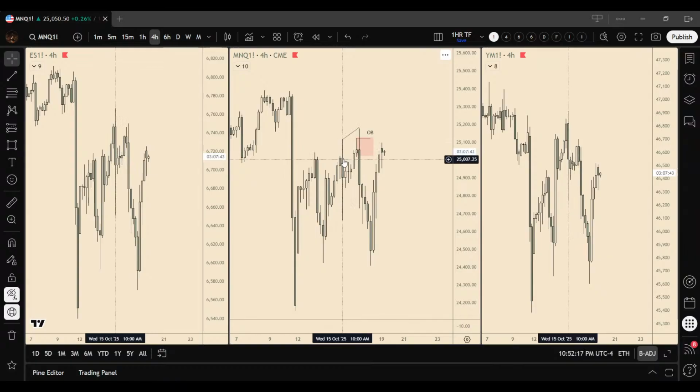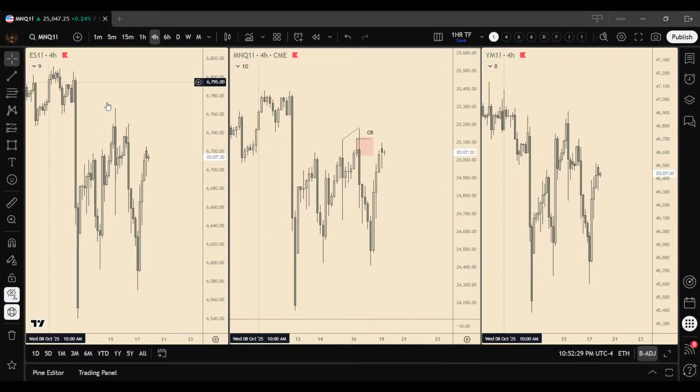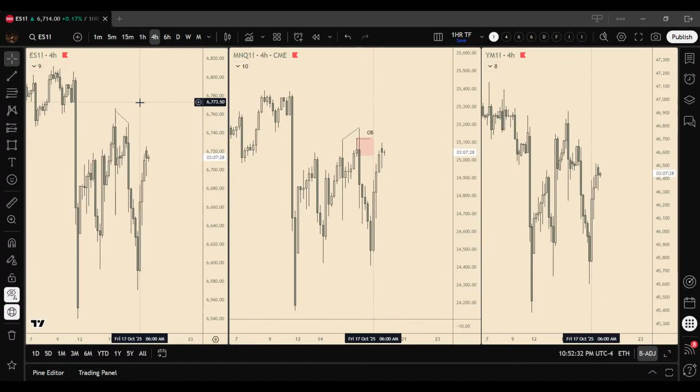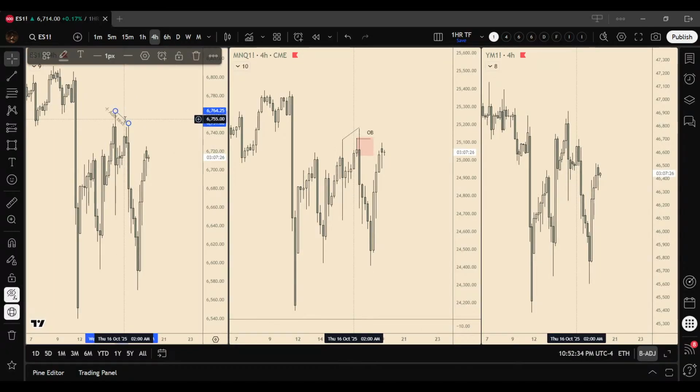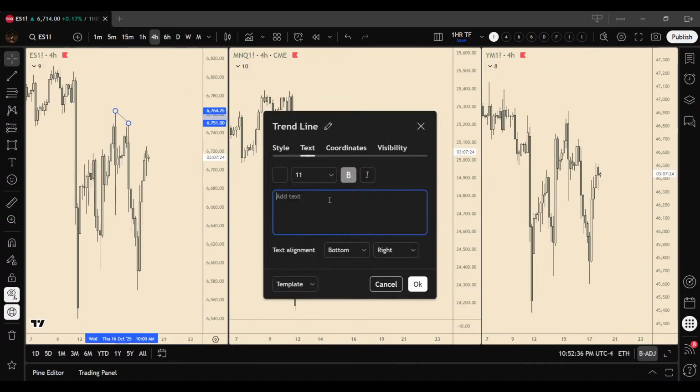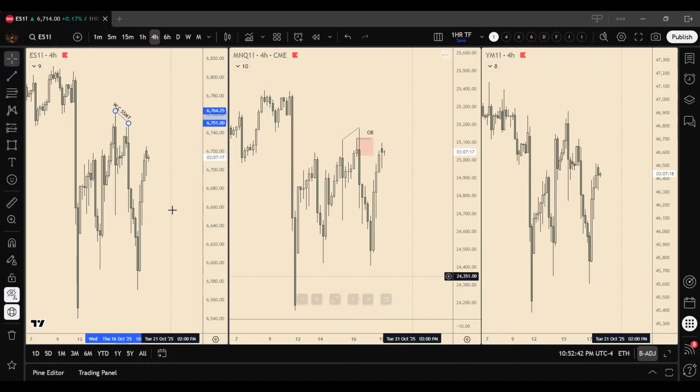Because you have Wednesday being swept by Thursday, which is the weekly cycle sequential SMT, because you have this right here, failing to do so. So what do you have? Weekly cycle sequential SMT.